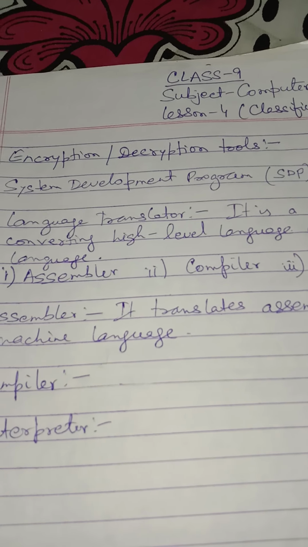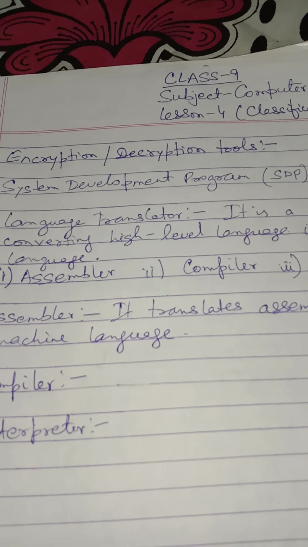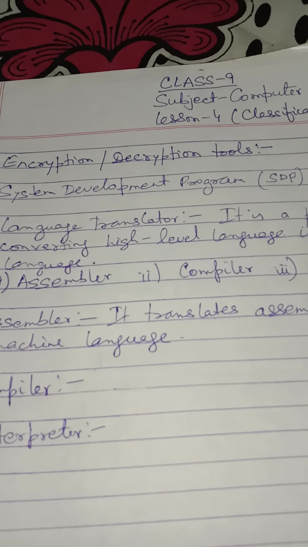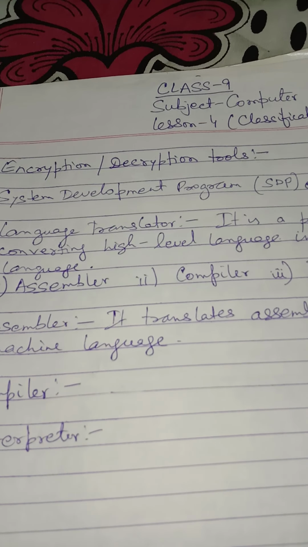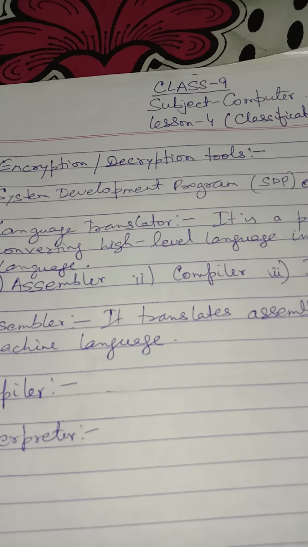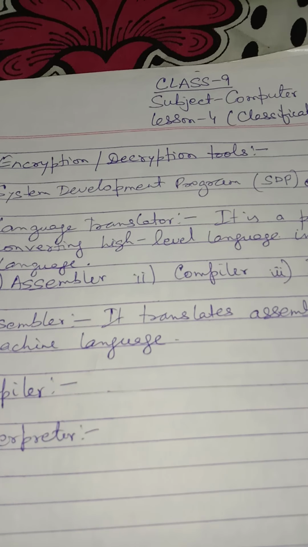So the compiler has a fast execution speed, whereas the interpreter has a slower speed. C, C++, Java and similar programming languages generally use a compiler, whereas Python, BASIC and similar languages generally use an interpreter.